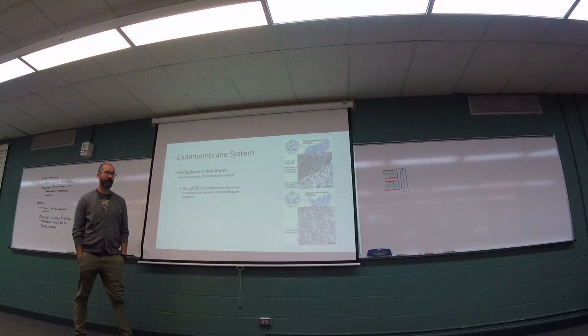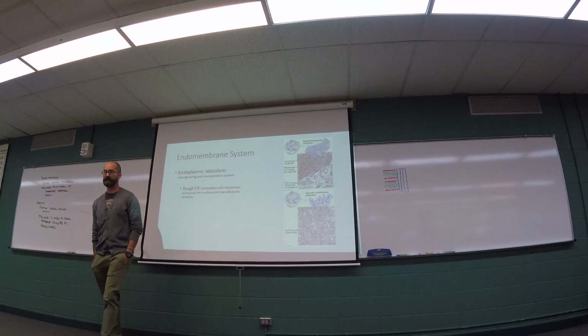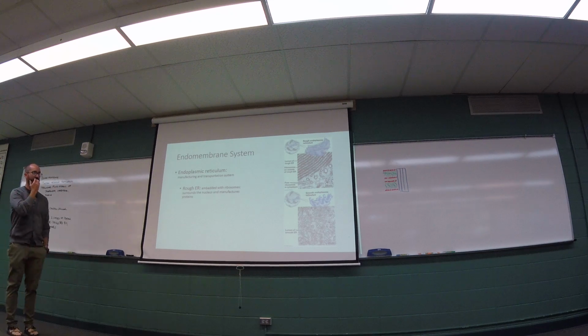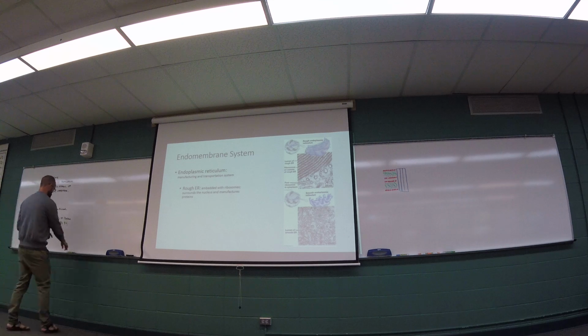So the next structure that we're going to talk about is the endoplasmic reticulum. And the endoplasmic reticulum exists in two parts. There's something called smooth endoplasmic reticulum and something called rough endoplasmic reticulum.